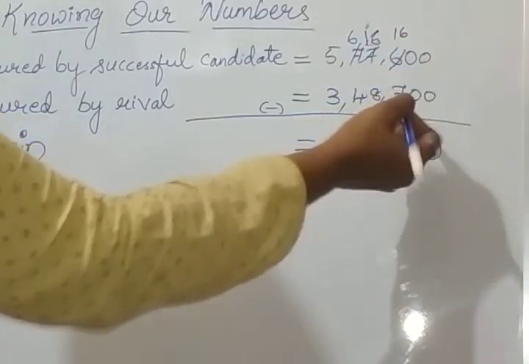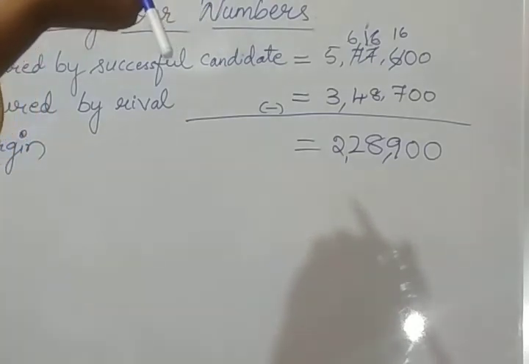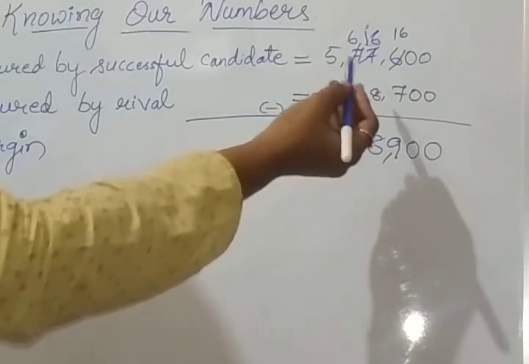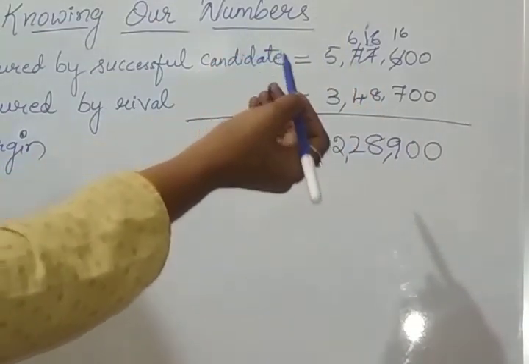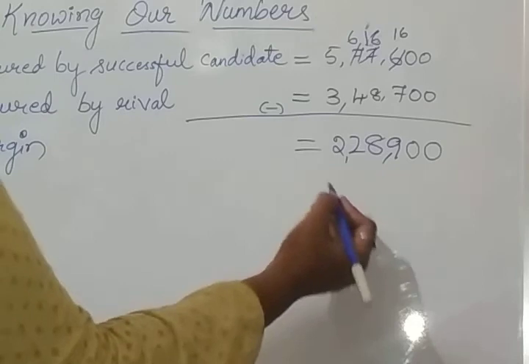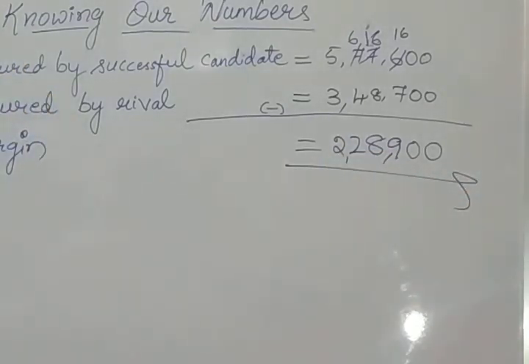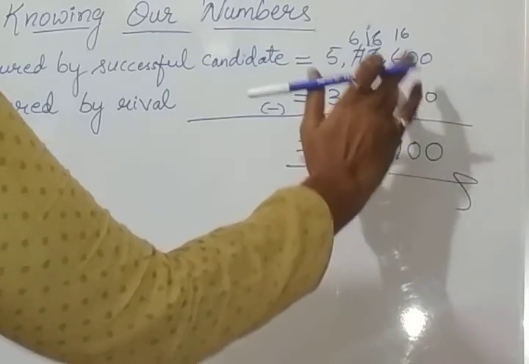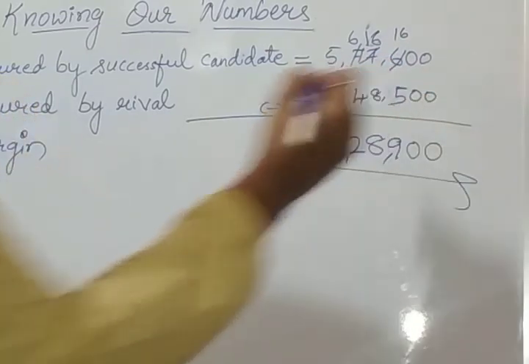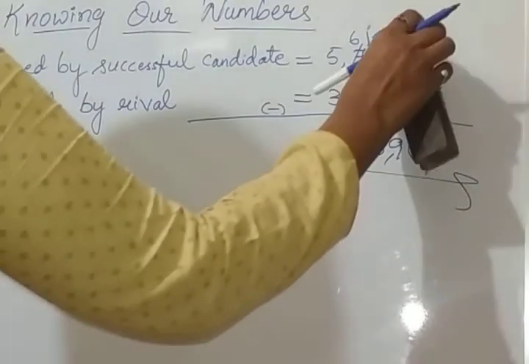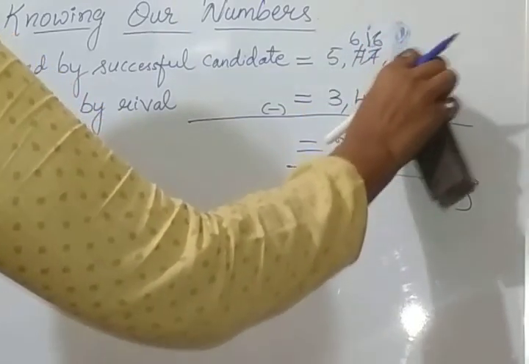Just a minute, children. Here you see, it's not 600 here, it is 500. I just got confused here.